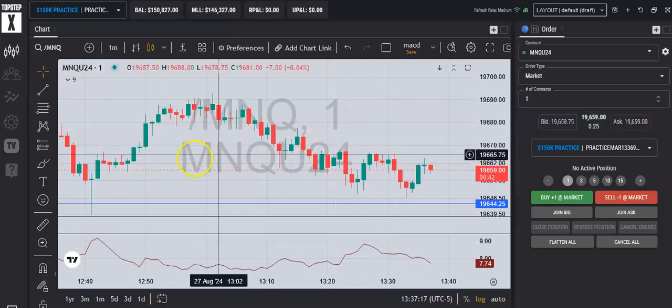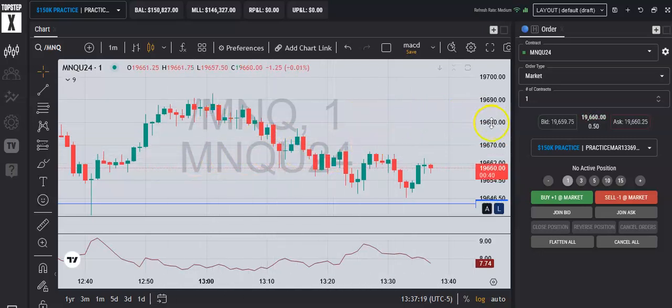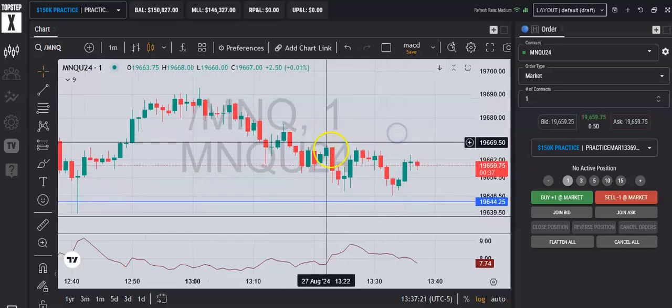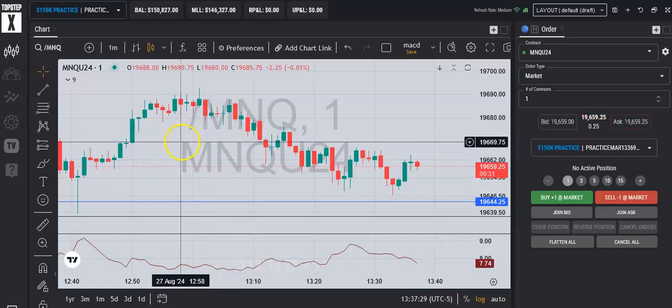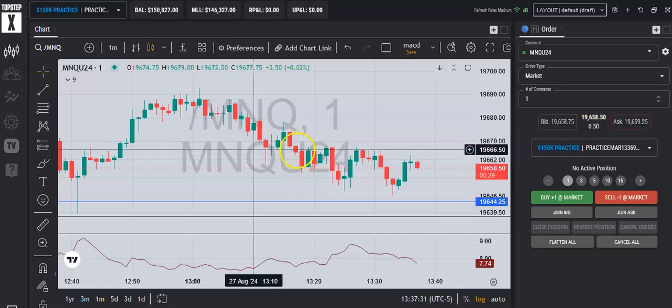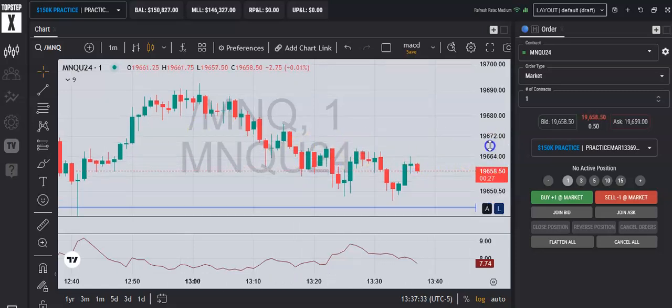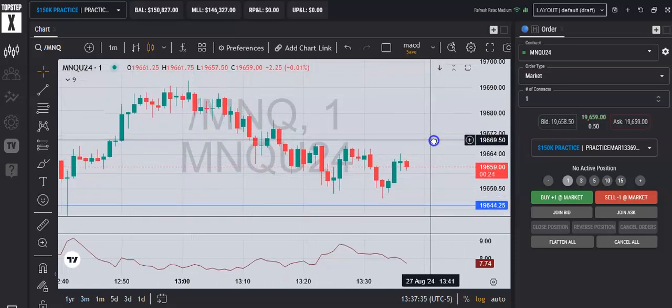The MNQ is $2 a point, and the full size NQ contract is $20 a point. So most of you, depending on your account size, are probably going to want to trade the MNQ. It's plenty big enough. You can use multiple contracts. And I will just show you some tips and tricks.